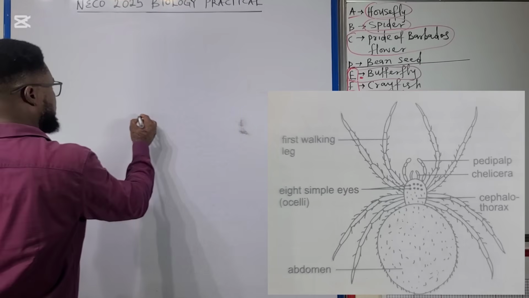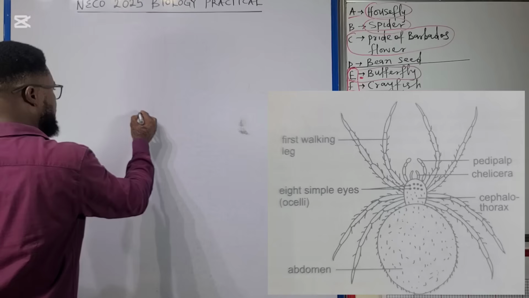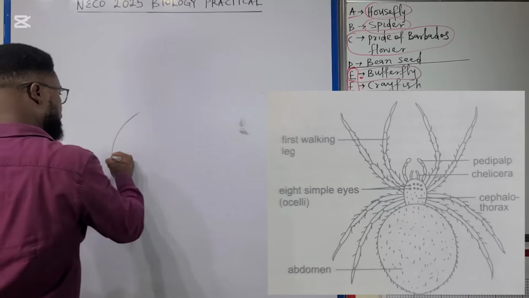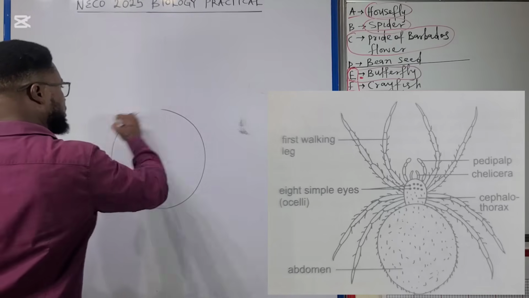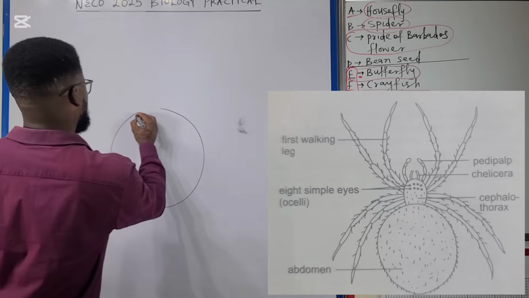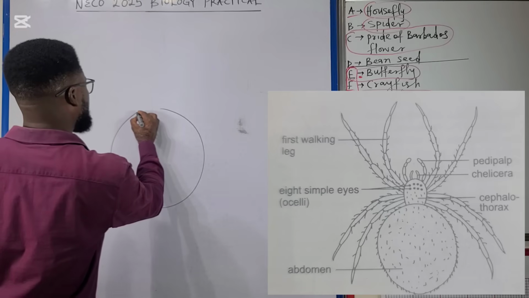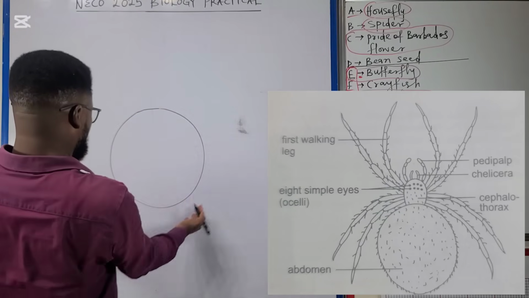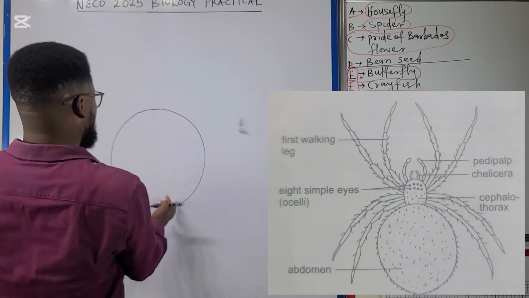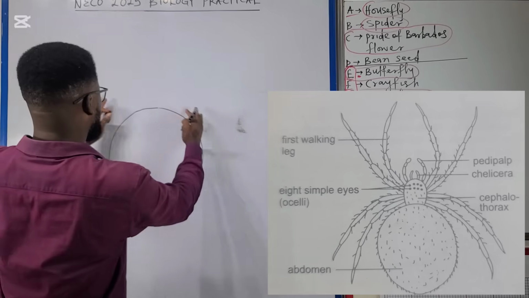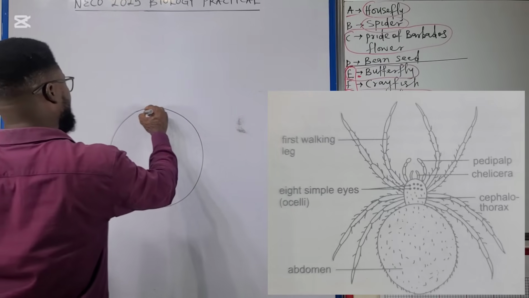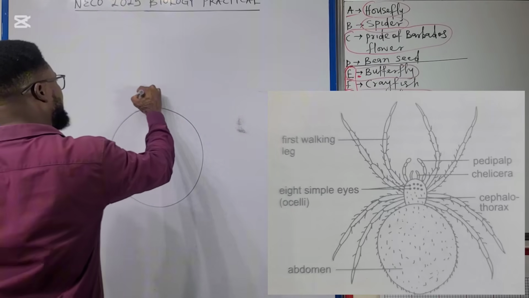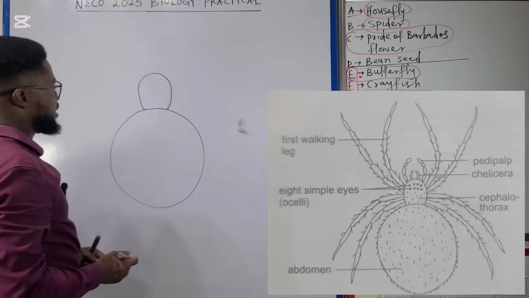We start with the abdomen first. Okay, the abdomen is going to look somewhat like this. Yeah, I think we did that very well. And then on top of that big circle or oval abdomen, we're going to have our cephalothorax.